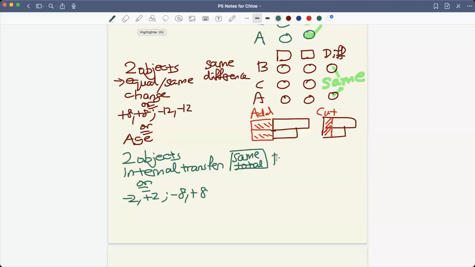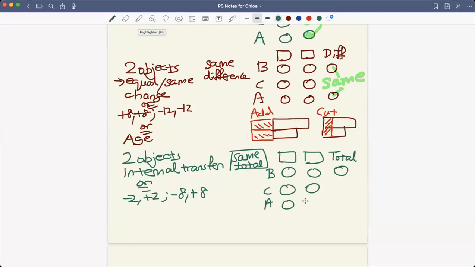So this is a BCA table as well. So you have object 1, object 2. This is your total. So you have the BCA. Add up the total.